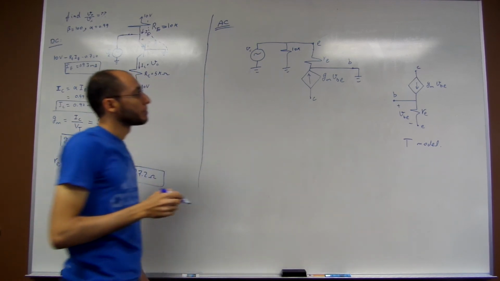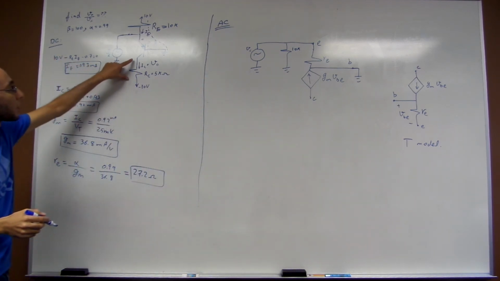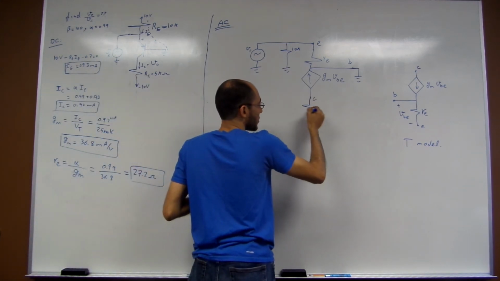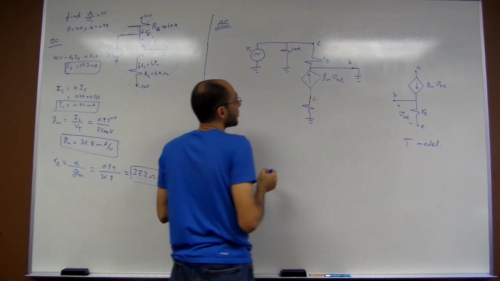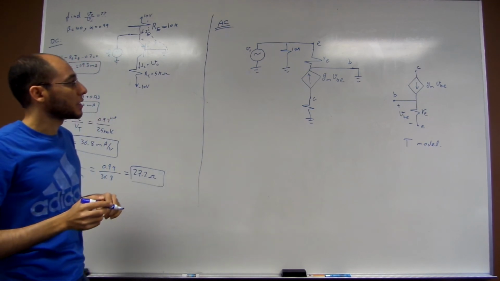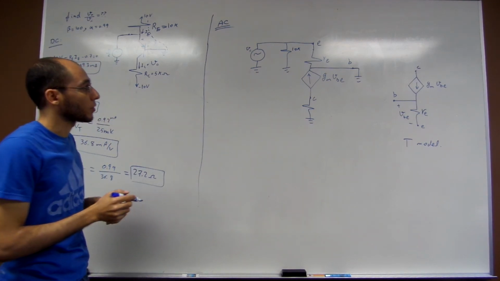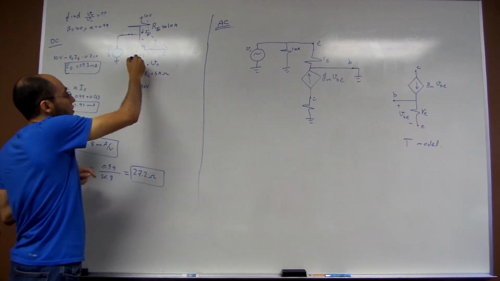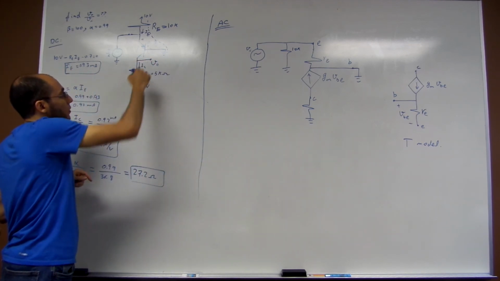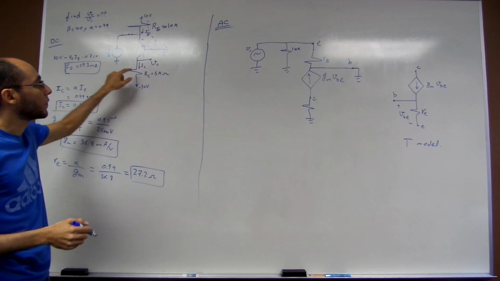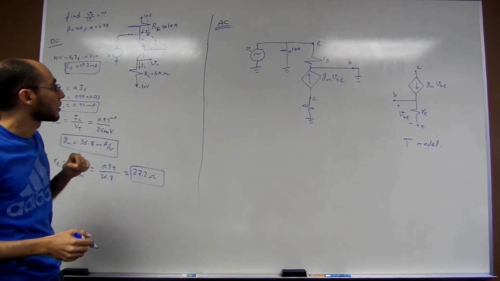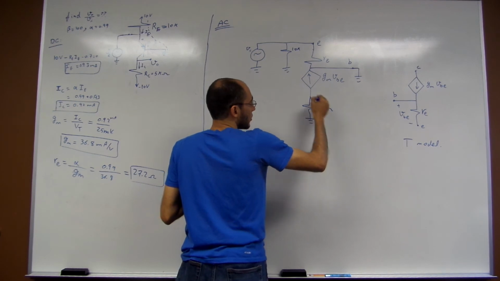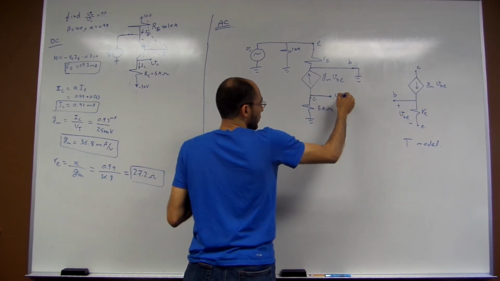Okay. What about the collector? The collector has a resistor and then to the ground. Okay? Let's see the T model, how we are going to solve this. What do we want? We want the V output, which is the value on the 5 kilo ohms from the collector.